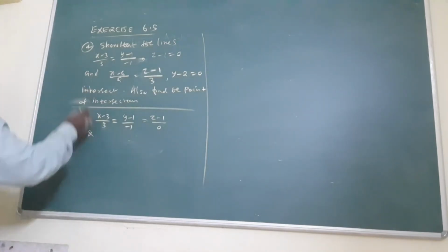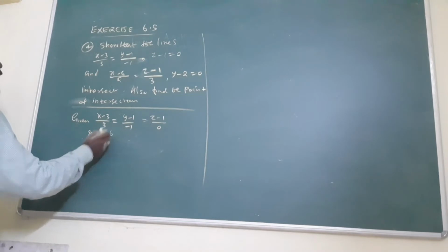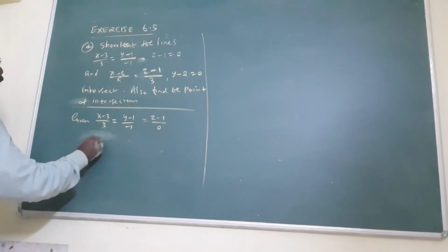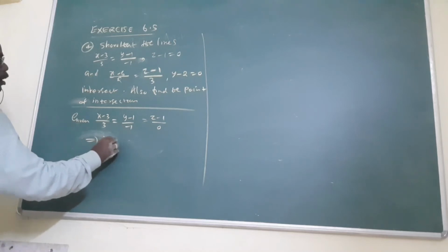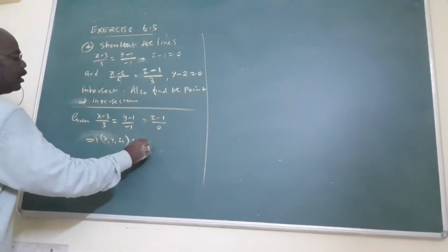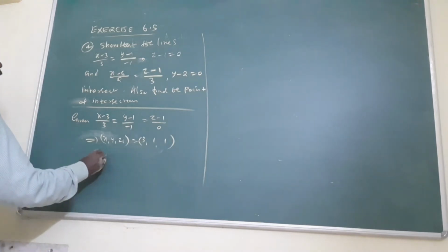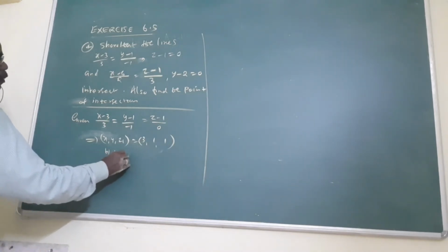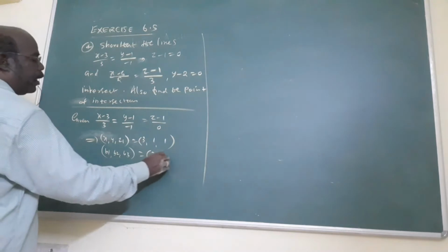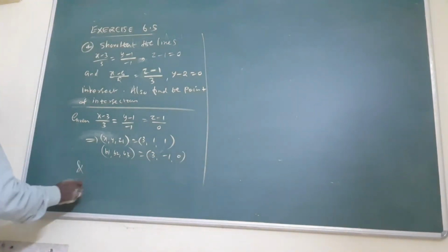And next one is what? X minus 6. This is given now. From this one you assume x1, y1, z1 equal to 3, 1, 1, and b1, b2, b3 equal to 3, minus 1, 0. Am I correct? And what is given?